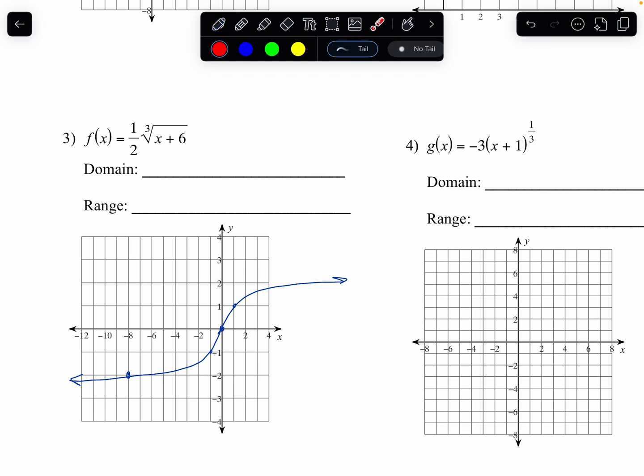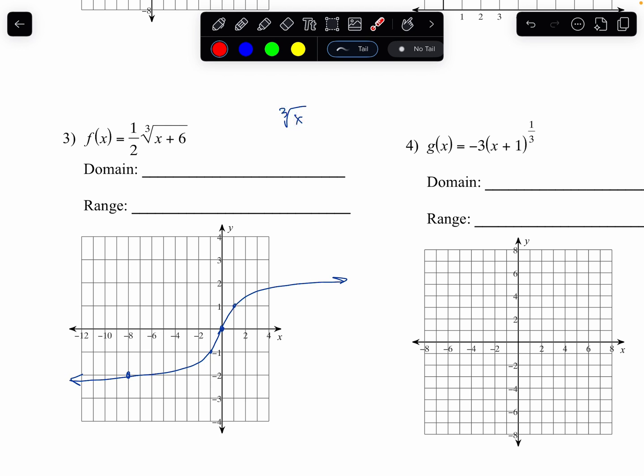The reason being is, I kind of said how it's like the inverse of x cubed, but also if we think about the cube root of x, think about numbers that are perfect cubes. When x is equal to 1, the cube root of 1 is 1, right? The next perfect cube would be 8.